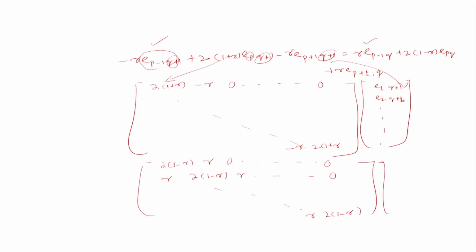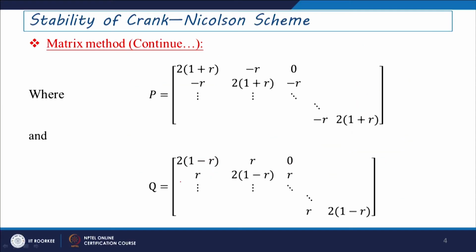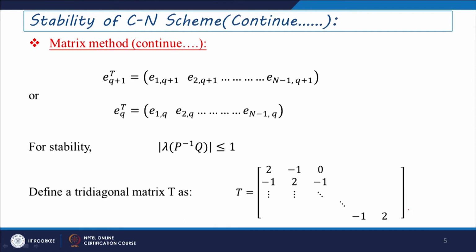And the coefficient, since q is fixed here, we can write as E1 q, E2 q up to E of n minus 1 q. So in the final form, this equation takes this form: E of q plus 1 equals E1 q plus 1, E2 q plus 1 up to E of n minus 1 q plus 1 there.